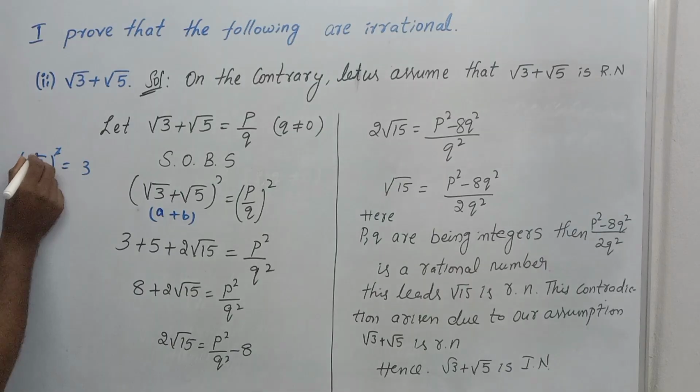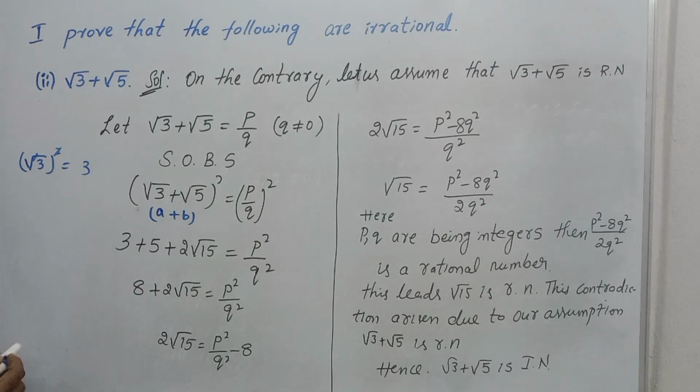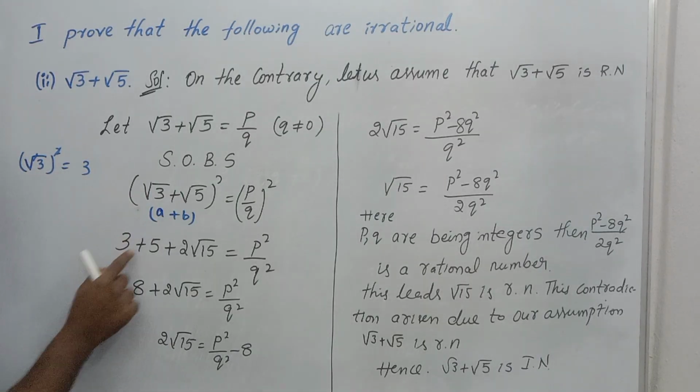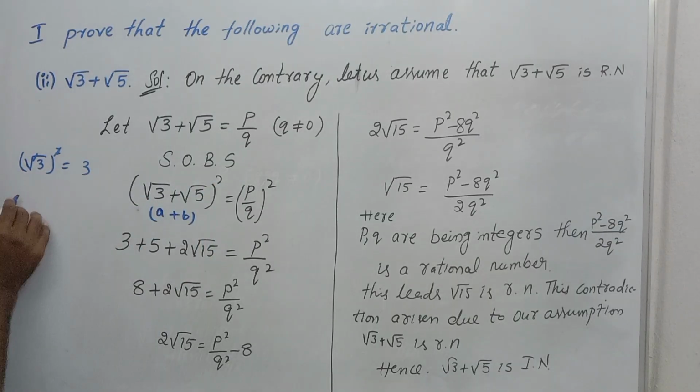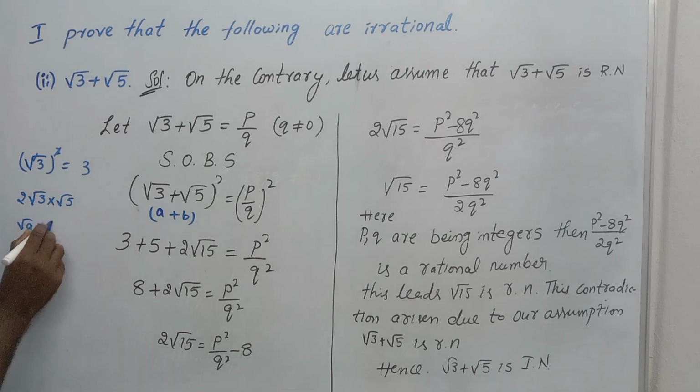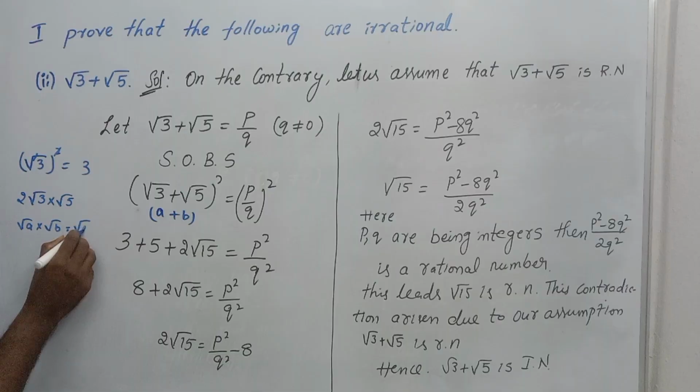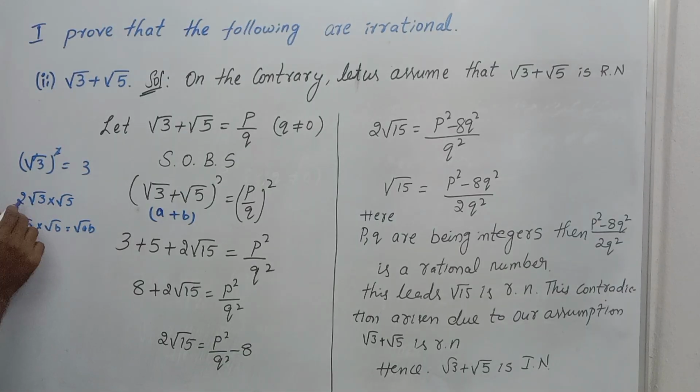Because the square and the root cancel, so it becomes 3. Now a square plus b square plus 2ab, 2 root 3 into root 5. We know that root a into root b equals root ab is a formula, right? So here root 3 into root 5 is root 15. That is 2 root 15 I have written here.